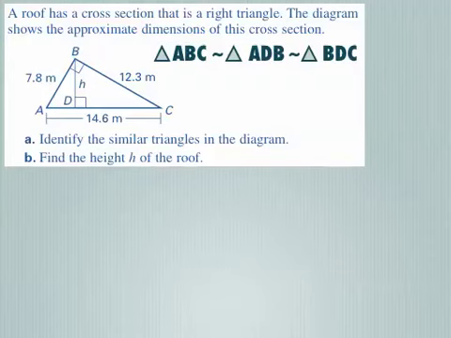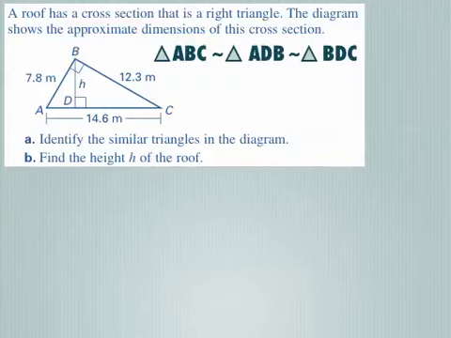But to find h, which would be the altitude, I'm going to have to choose two of the triangles and set up a proportion, making sure that I have corresponding parts in corresponding places of the proportion. There are several different proportions that you could write here, so there's not one correct answer.